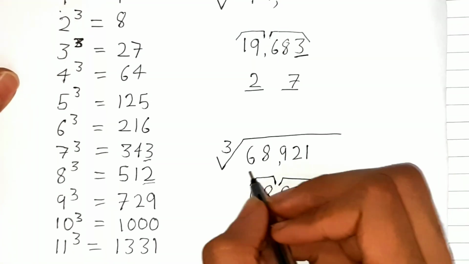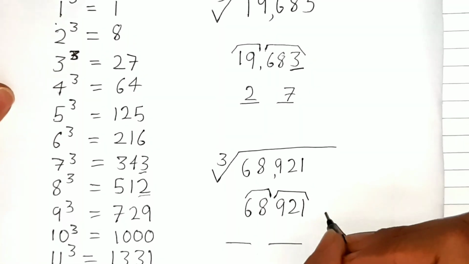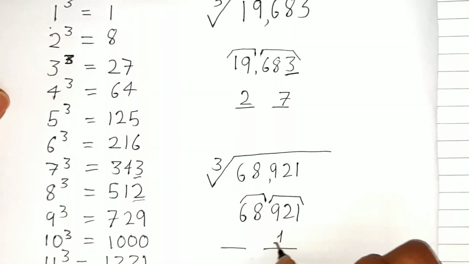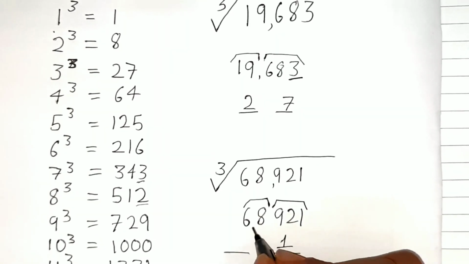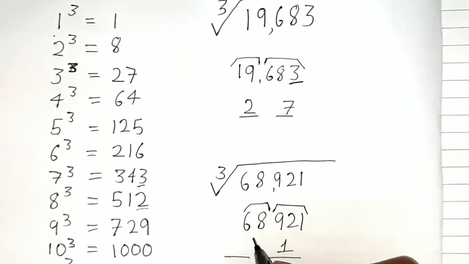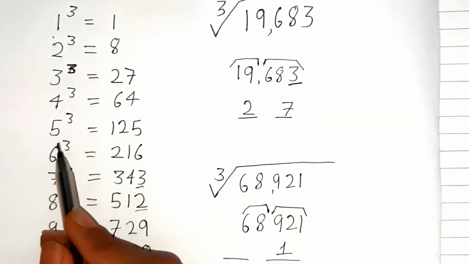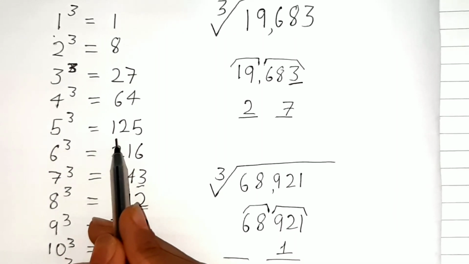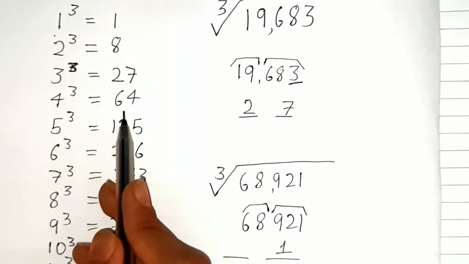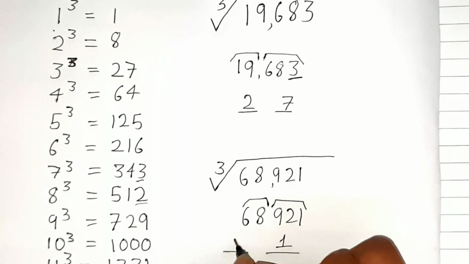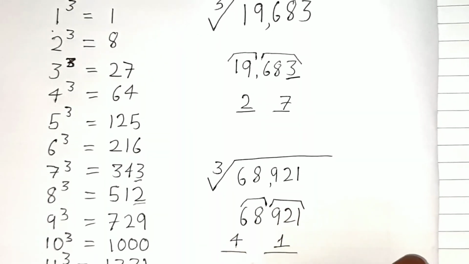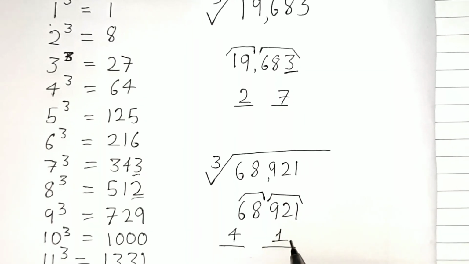In this, 1 is the unit digit. So only one cube has the unit digit as 1, so our unit digit is 1. Now 68 is our other group, so 5's cube is 125, that is bigger than 68, and 4 has a cube of 64. So we'll take 4 as the tens digit, and here is our answer, 41.